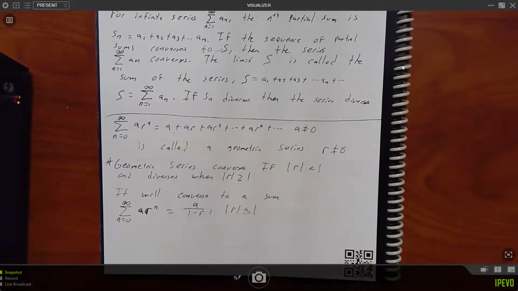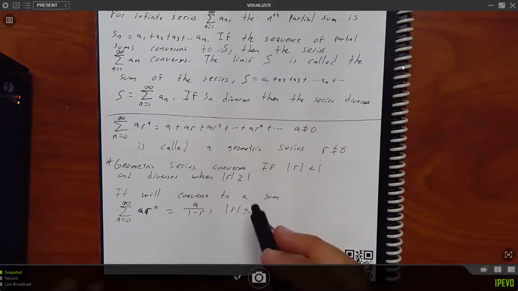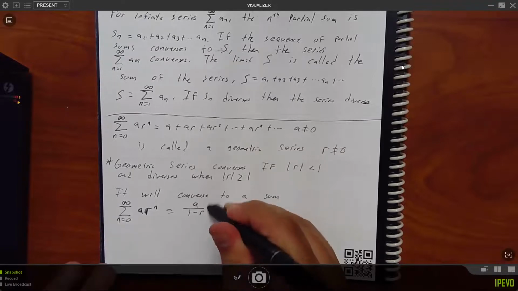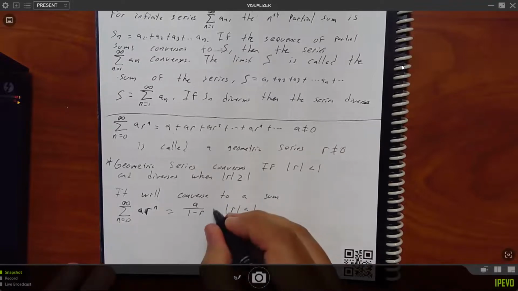The last expression at the bottom, a over, is it the absolute value of negative r? This one, yes, that's a divided by 1 minus r. 1 minus r? Thanks.